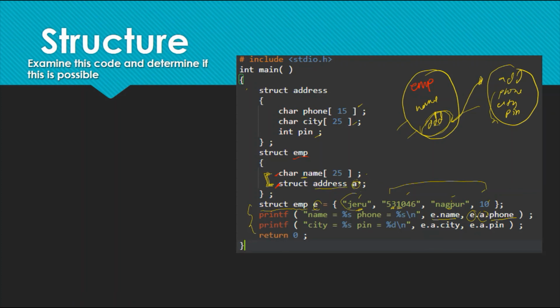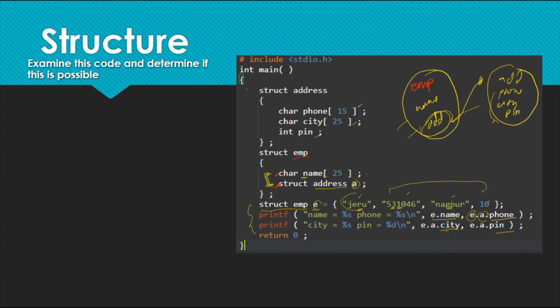And that phone, which belongs to that variable. Another pair indicates the city and the pin. So it seems like we know what this code is implying.